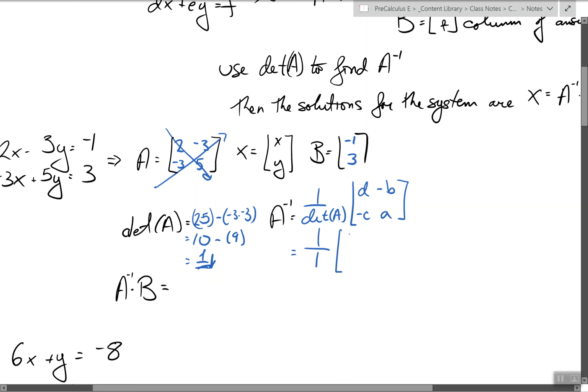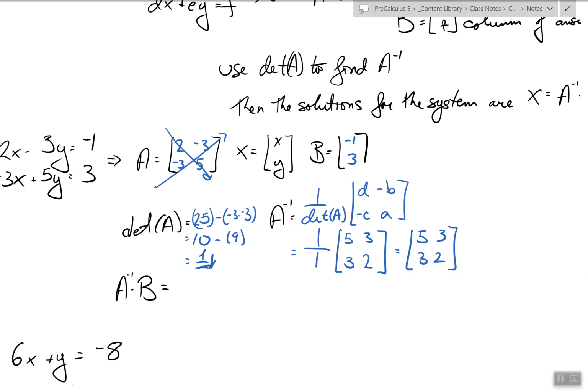We're going to switch the 2 and the 5, and then we're going to change the sign of both of the 3's. And we end up with just that 5, 3, 3, 2. Okay, so that is the inverse of A. Pretty quick on this one.